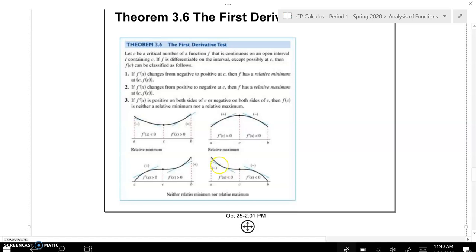And the same thing happens over here: decreasing, hit the critical value, derivative equal to 0 there, and then it transitions back again to decreasing derivatives there. So you have it transitioning from decreasing to decreasing. There is no relative max or relative min there. But again, that C point still is recognized as a critical value, just not a relative max or min.